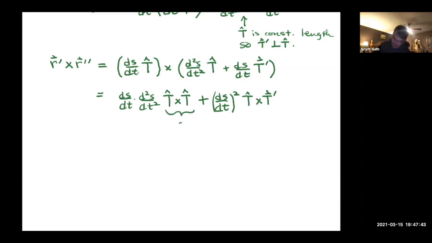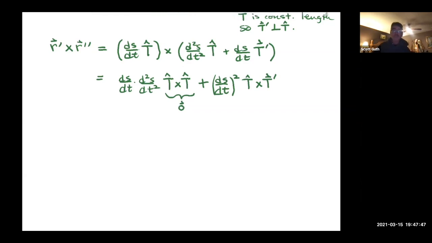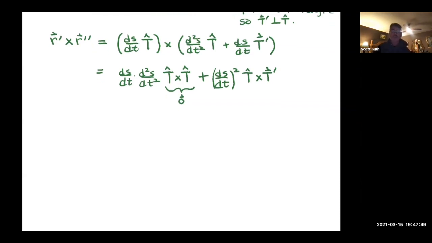Now, this is a 0 vector, not a 0 scalar. So that whole first term vanishes. This is nice. So this is ds over dt squared times T cross T prime.